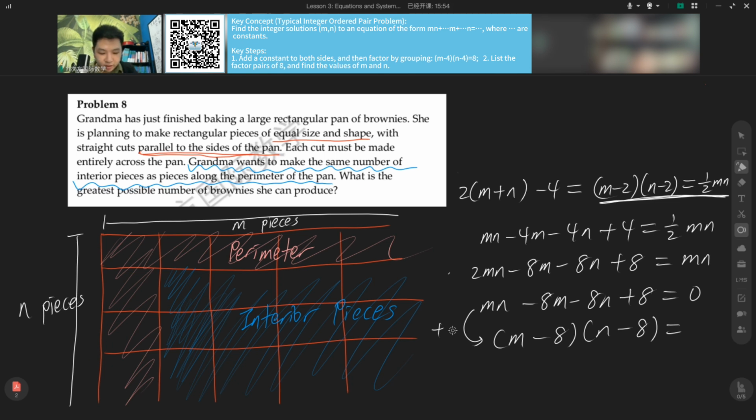Let me show you if I'm doing this right. So that is plus 64, there should be plus 56 if I'm not making a mistake.